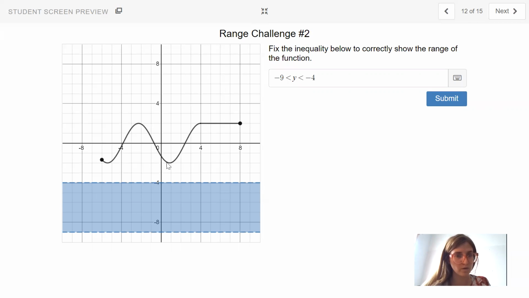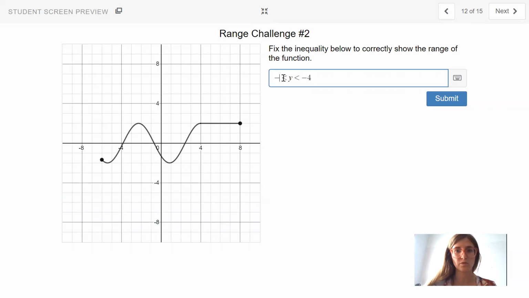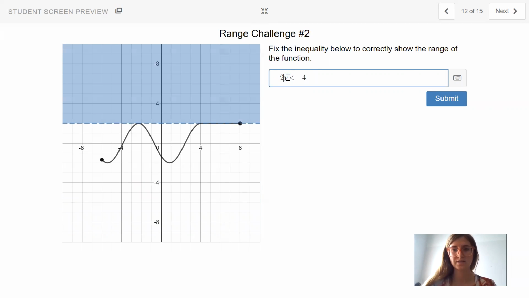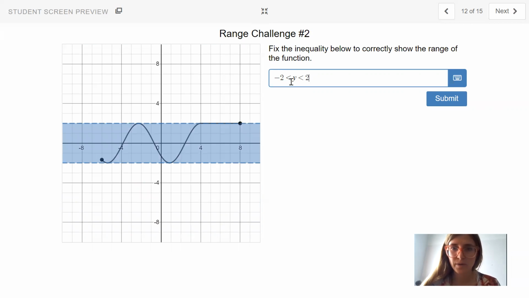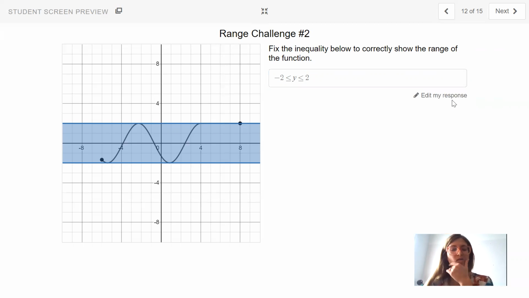This is 2 and this is negative 2. So I'm going to go from negative 2, instead of just less than, I'm going to have less than or equal to 2. If you do less than and then you hit the equal sign, it'll just change it to less than or equal to.